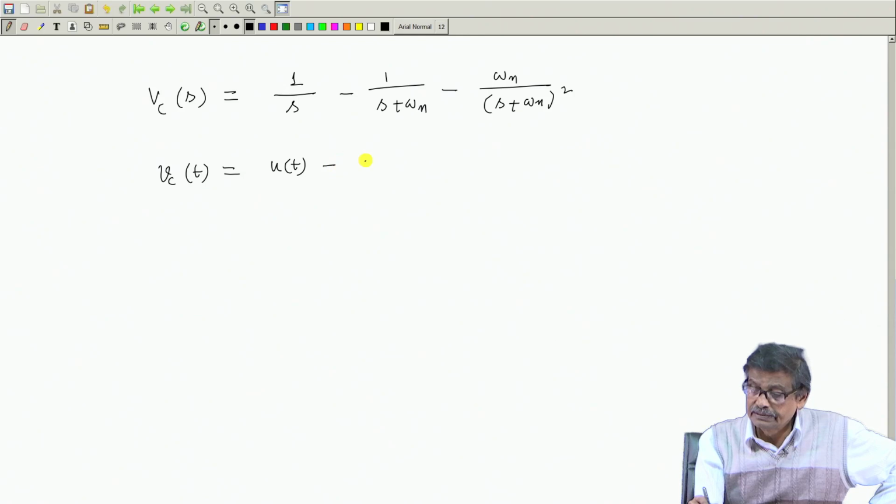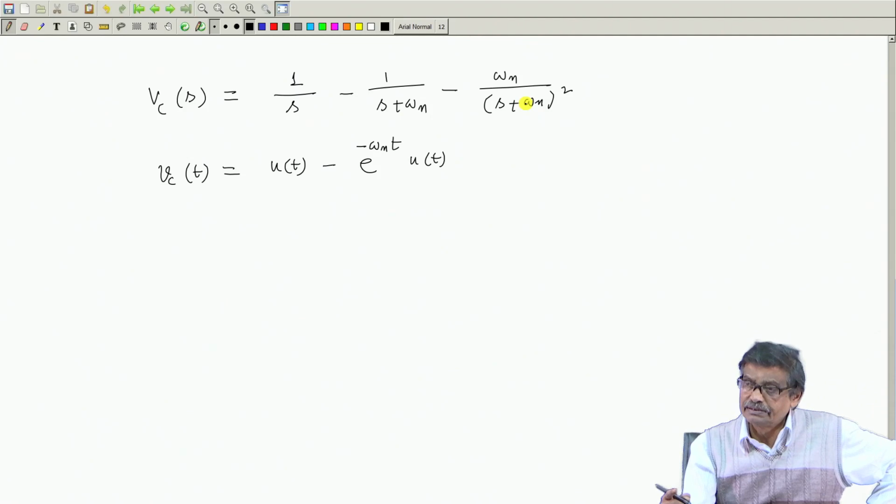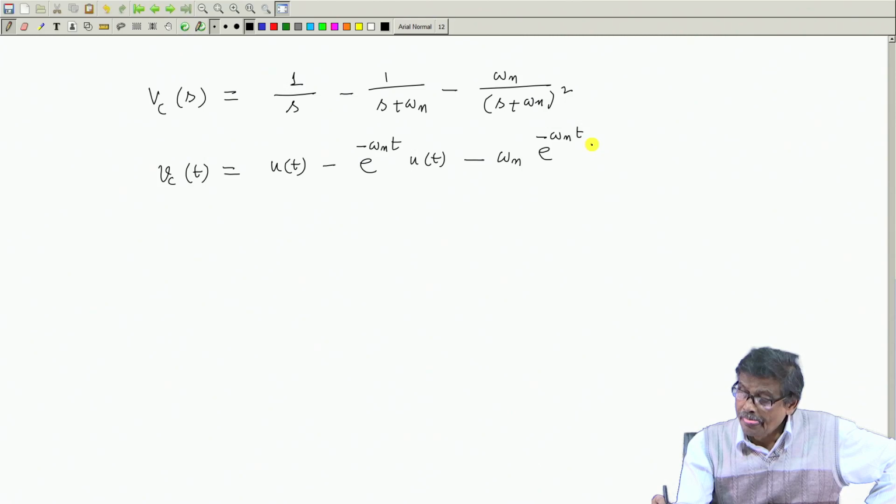This will be minus e to the power minus omega n t u(t), and this one 1 by s plus omega n whole square means it should be multiplied by omega n, and then e to the power minus omega n t into t into u(t). This will be the thing.